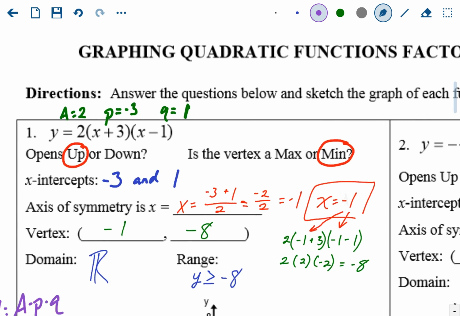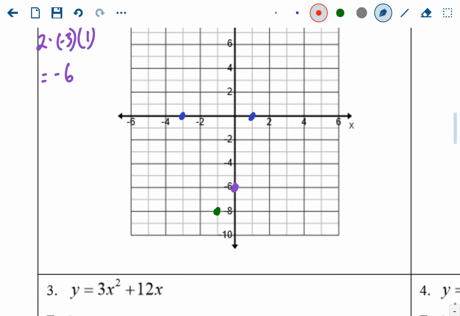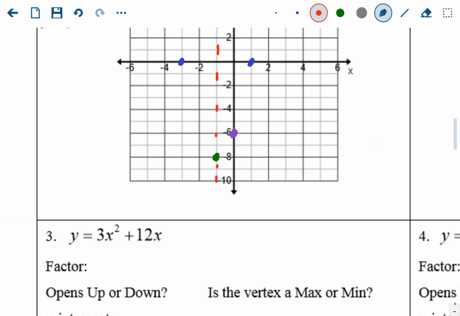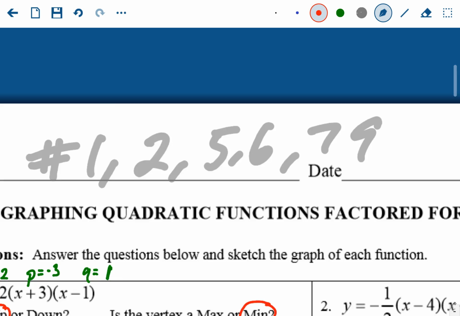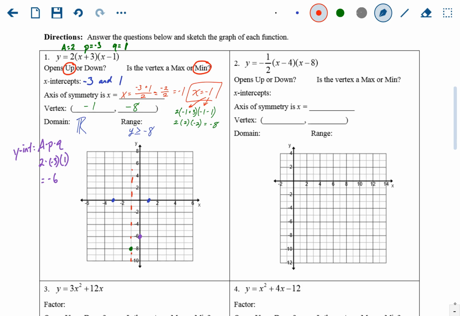We also knew the axis of symmetry. Okay. Axis of symmetry was negative 1. So anything we graph on one side of the axis of symmetry can automatically be graphed on the other side.